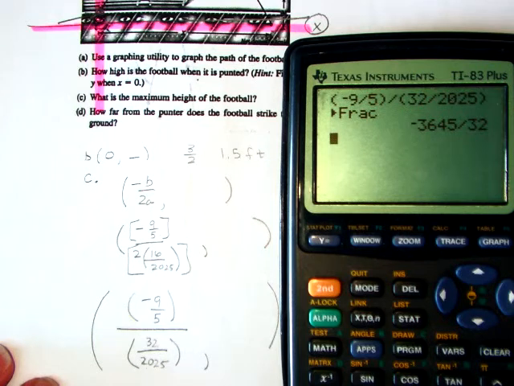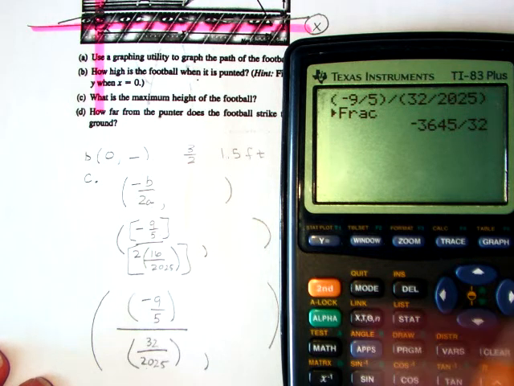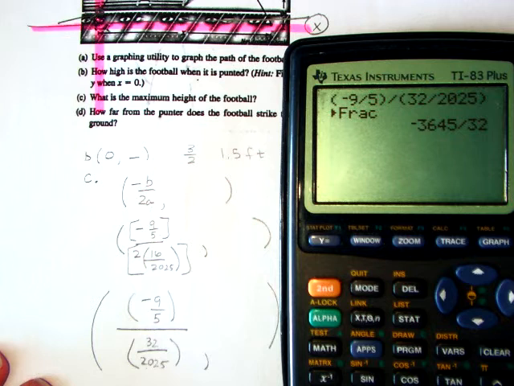This is what I get for my answer. So at negative 3645 over 32, negative 3645 divided by 32, also known as approximately 113.91 feet.